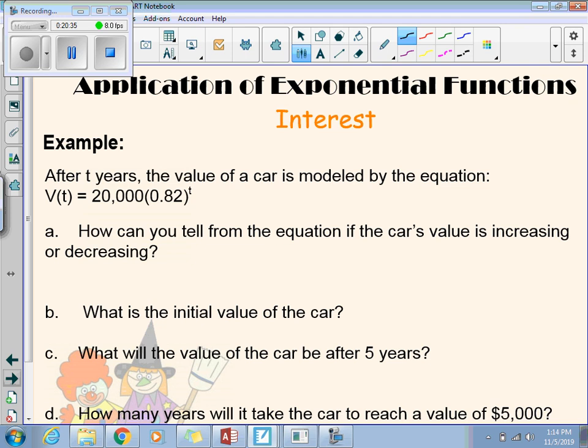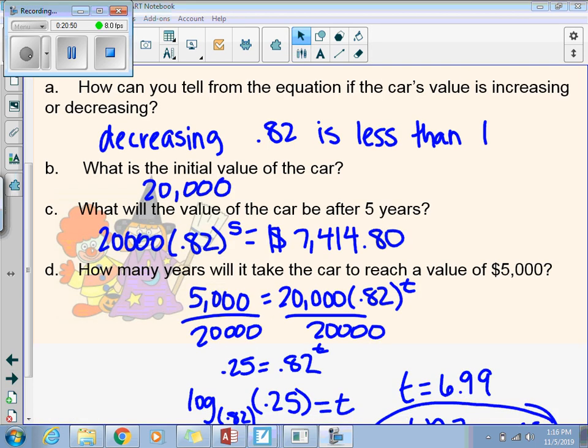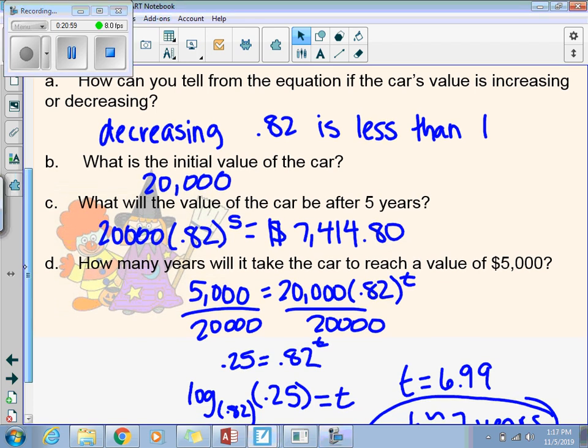Okay, this last one I want you to try to answer for yourself and see if the answers you get match what I have on the board for you. So you should have found that it was decreasing, because 0.82 is less than 1. The initial value was 20,000.